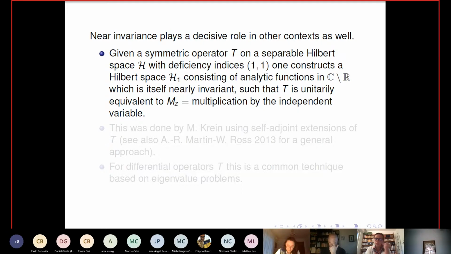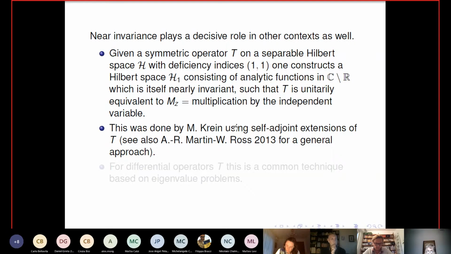Then you can construct a Hilbert space which consists of analytic functions in the complex plane minus the real axis, or even a bigger domain, and this space is itself nearly invariant. Then you obtain a representation of your symmetric operator, a diagonalization, so to say, unitarily equivalent to multiplication by the independent variable. This was done long ago by Mark Krein.